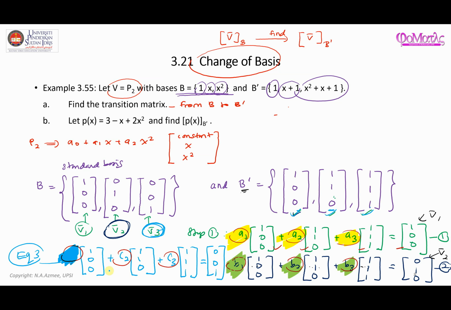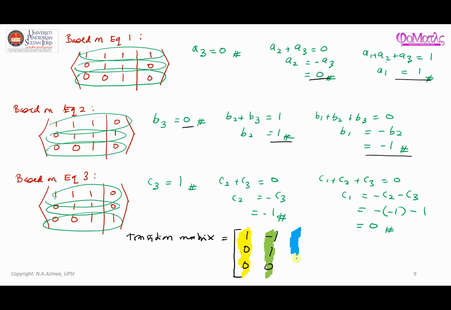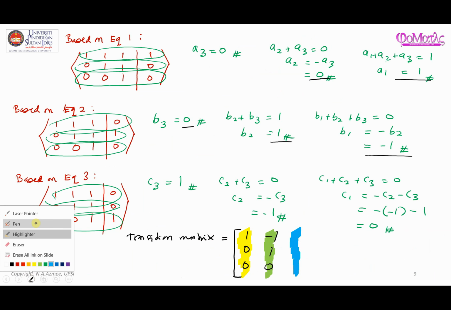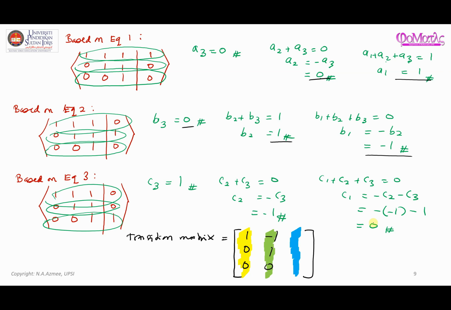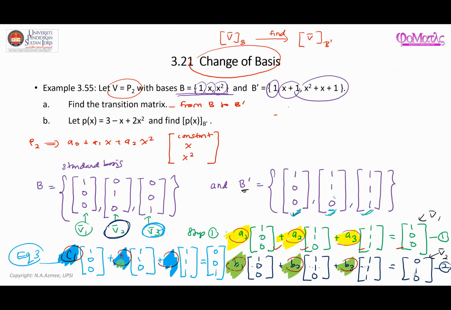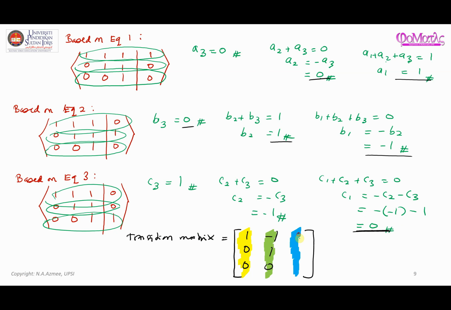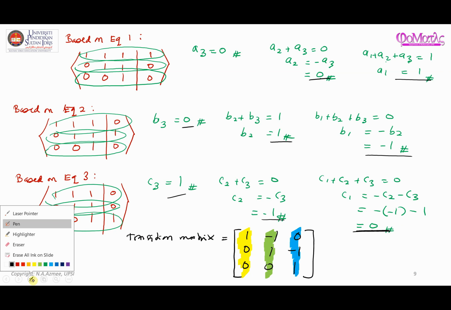So we have got this value C1, C2 and C3, and that will be in this third column. Okay, so that is the process, and the result here is we start with C1, in that order, C1, C2, C3. So C1 is 0, negative 1 and 1. So this is the transition matrix. Now once you have got this transition matrix, then you can answer the next question.